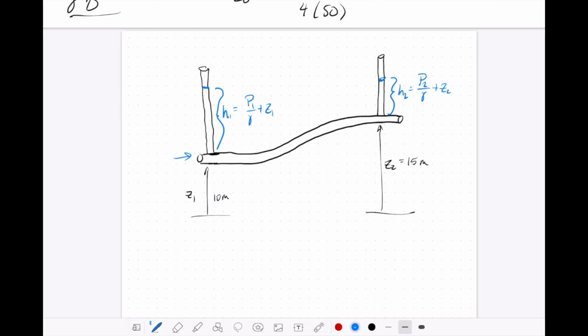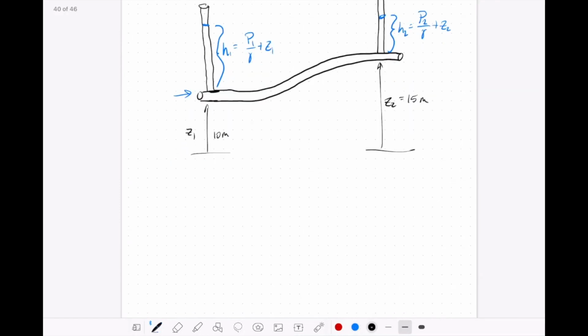So if we want to visualize pressure head, just imagine sticking a straw or something, a pipe, into your flow and seeing how high that flow goes up into your pipe. So the difference between these two, let me try and draw that a bit better.